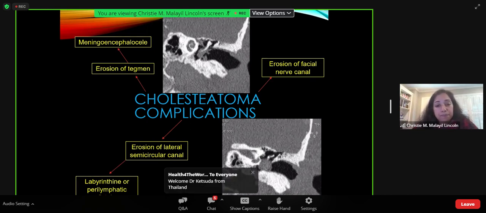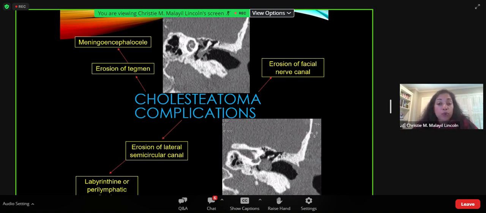the surgical bed. So some complications of cholesteatoma: they erode the roof of the middle ear cavity, the tegmen tympani, and they may form a meningoencephalocele. And then there's erosion of the bony facial nerve canal. I'd mentioned to you the relationship between the tympanic or mastoid segment of the facial nerve canal with the middle ear cavity.